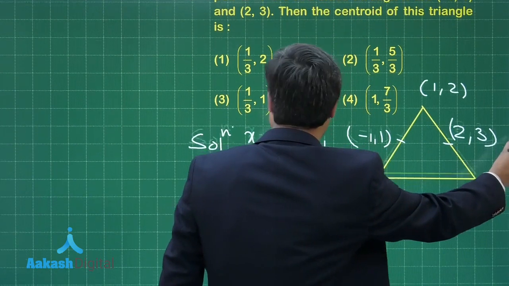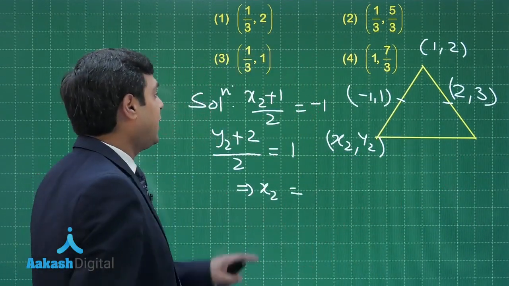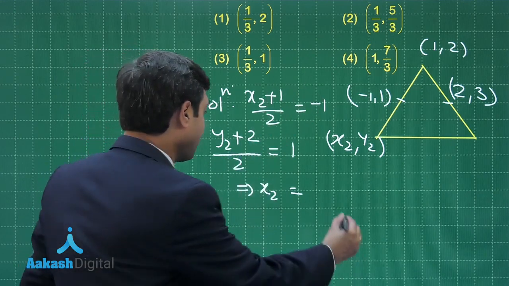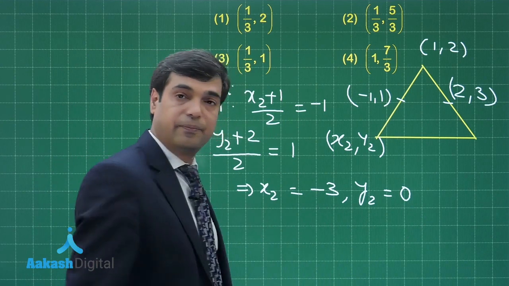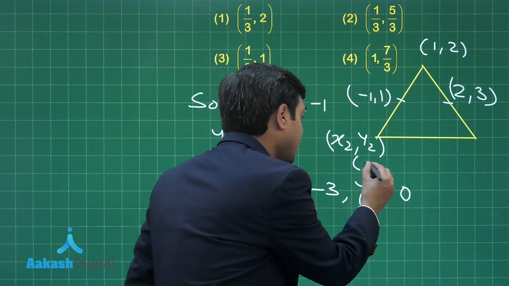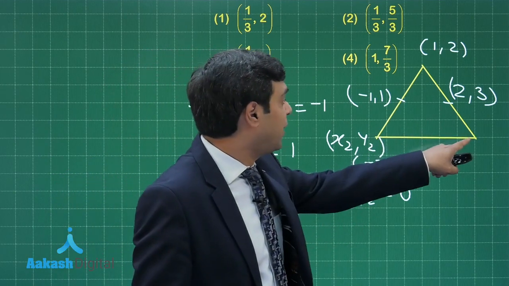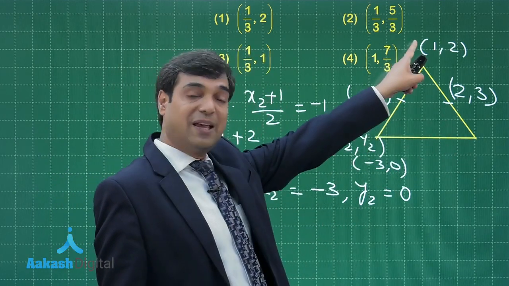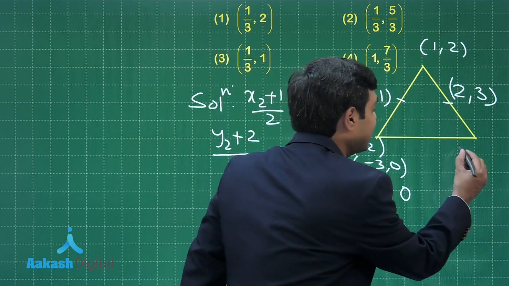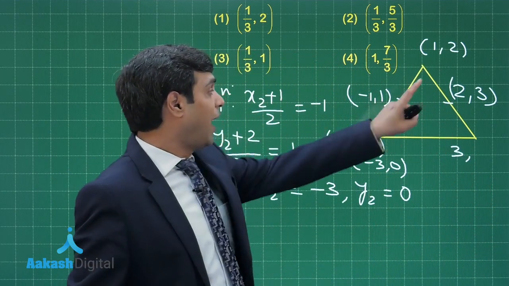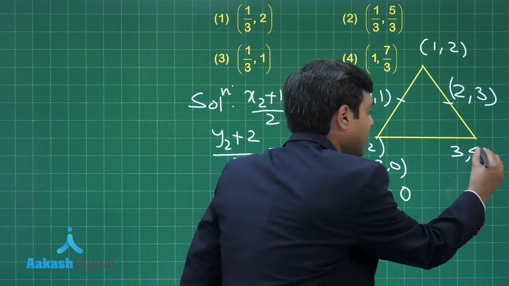So from here you have x2 is equal to clearly -2 minus 1, that is -3, and y2 is equal to 0. Just write down here -3, 0. In the similar fashion you can get this vertex as x3 plus 1 is equal to 4, meaning x3 is 3, y3 plus 2 is equal to 6, so y3 is 4.